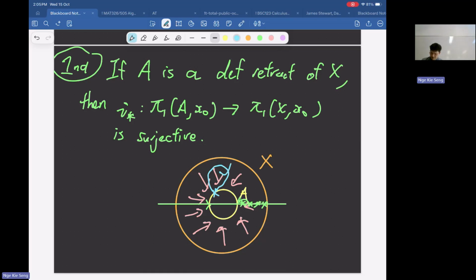Let's say we go this direction, then your loop is just staying there, and then comes back like that. So how do you get the loop that circles the whole A? Maybe you can look for this kind of loop. Then under the deformation retract, this bigger loop circling A will be a non-trivial loop.